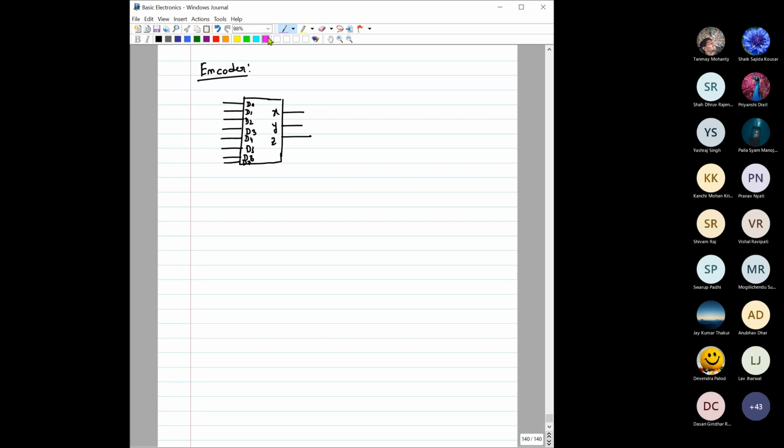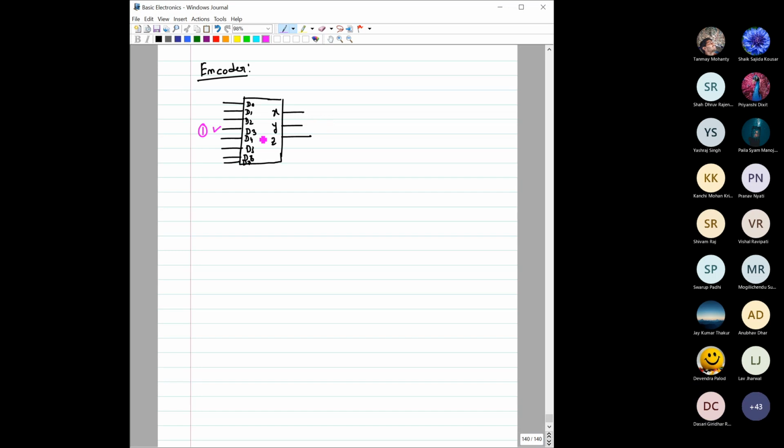Here, depending on which of these inputs is equal to 1, and at any moment only one of the inputs can be 1. Suppose you make D3 equal to 1. When D3 is 1, and all other inputs are 0, the output will produce the equivalent of D3 in binary.